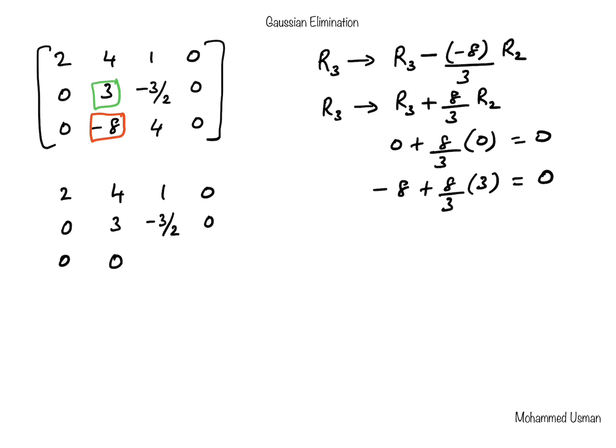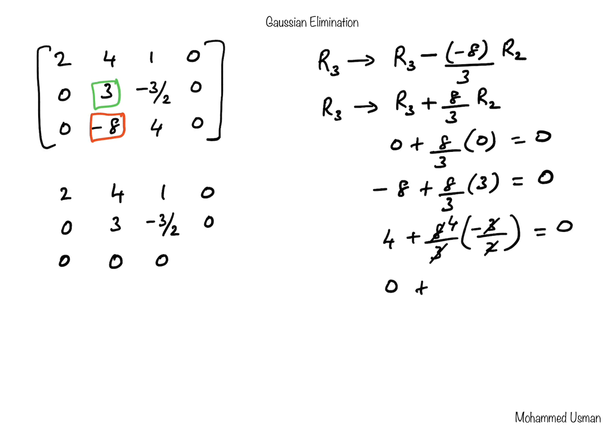So we get this also as 0. The next number is 4 in R3 and minus 3 by 2 in place of R2. So we'll have it as 4 plus 8 by 3 into minus 3 by 2. So 2 will go here 4 times, 3 and 3 will cancel, and we have the minus here. So effectively 4 into minus 1 is minus 4. So 4 minus 4 is 0. So we have this as 0 as well.